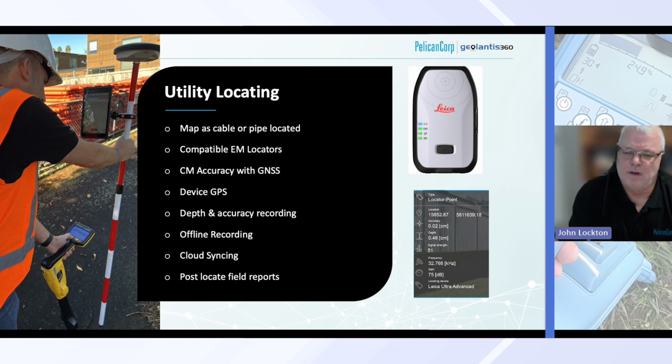Being able to do that offline, so when you don't have mobile coverage, but immediately then when you do, being able to sync your data back to the office so that that data is immediately available, and so that you can then, after finishing the job, put that data through the QA process and produce your client deliverables.